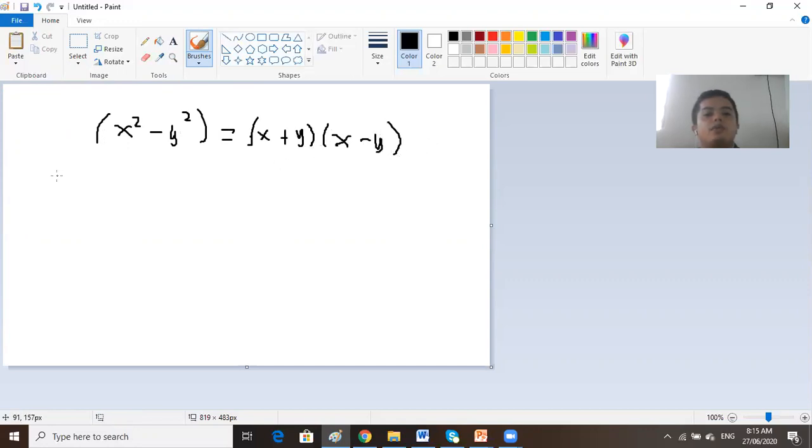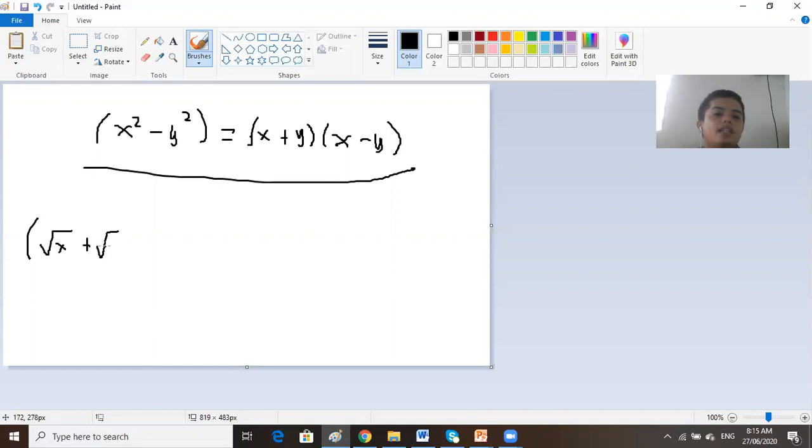So this is the law of exponents, sum and difference of two squares, but if it involves radicals, like for example, square root of x plus square root of y, and then square root of x minus square root of y. So sum and difference of two squares.